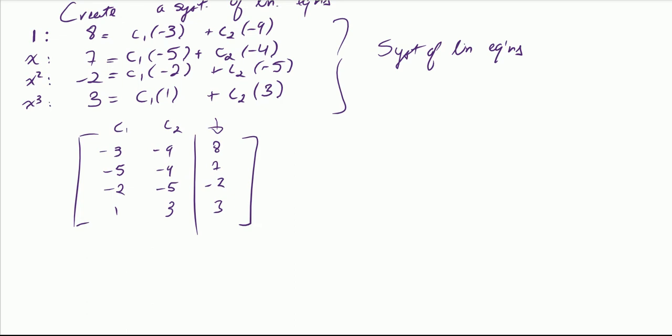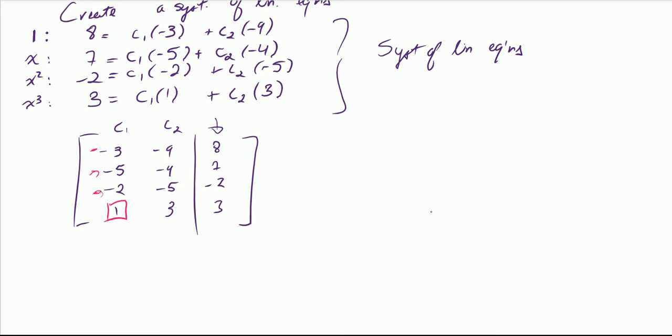So now I'm going to do some row reduction. I'm actually going to use the last row, which is a bit unusual, but you'll see why. I'm going to use this last row to get rid of all the coefficients here.